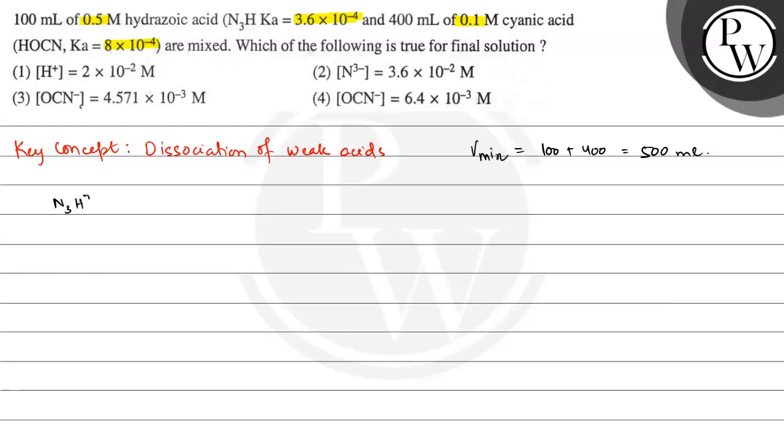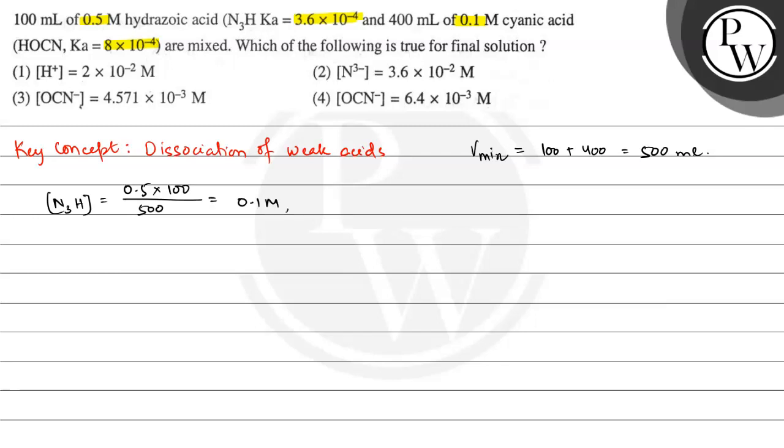Now the concentration of hydrazoic acid after mixing will be, so this is N3H, and the concentration of N3H will be previous concentration, that is 0.5, multiplied by previous volume, that is 100, divided by V mix, that is 500. So this is equal to 0.1 molar.